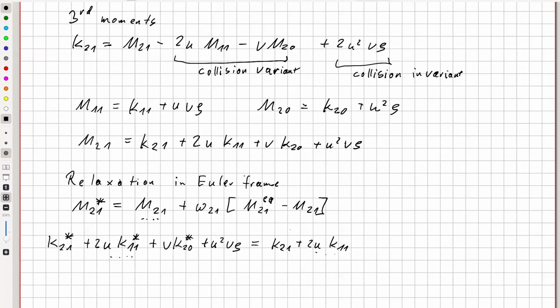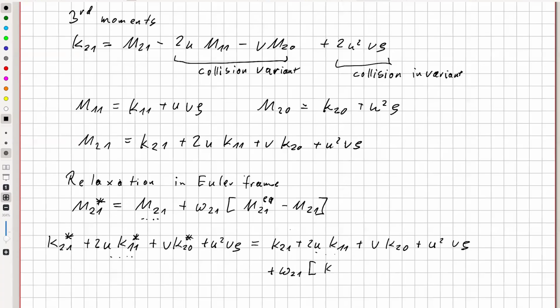K11 plus V K20 plus U square V rho, and then comes this part here, omega 12 times K12 equilibrium. So now what comes here?